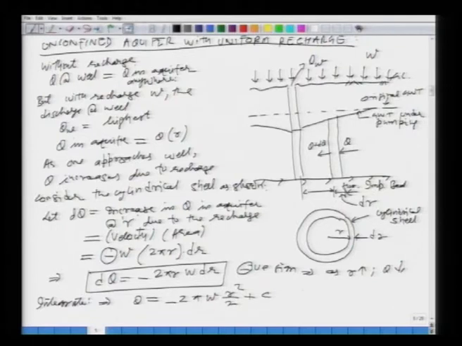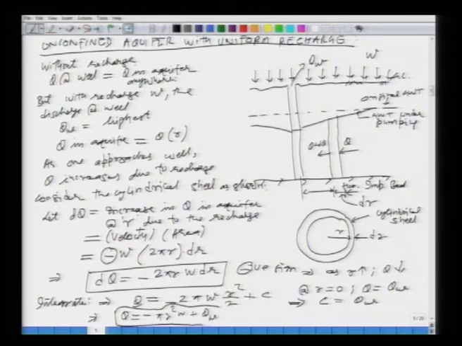At r is equal to 0, or at the well, what is the Q? We say Q is equal to, let us say, QW. You put Q is equal to QW and r is equal to 0. So, your C will be equal to QW. That basically means Q is equal to minus pi r square W plus QW.